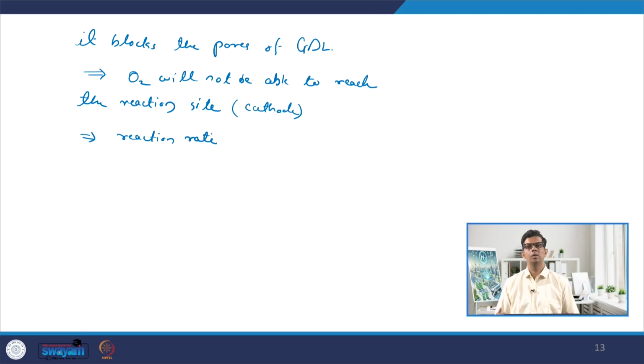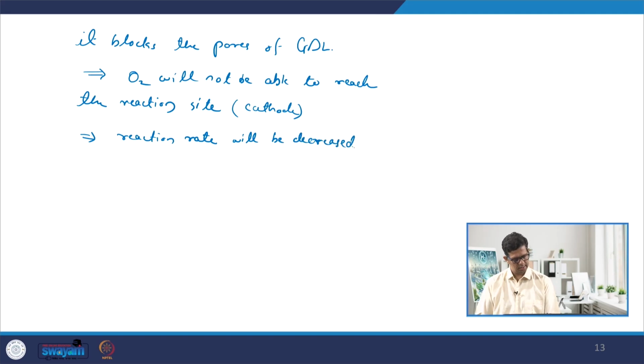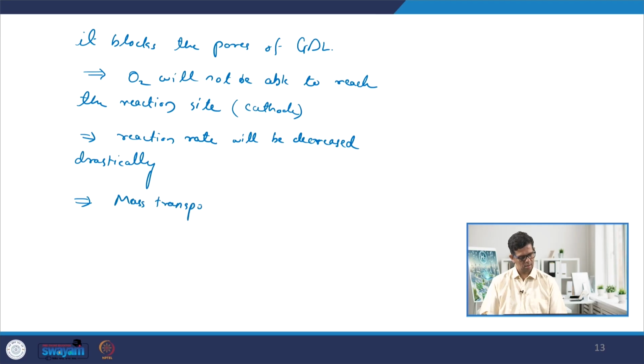Since we are not supplying the oxidant, the second half reaction which is happening on the cathode side will not take place. So, the reaction rate will be decreased drastically, and that is why, or in other words, these mass transport losses will be increased.